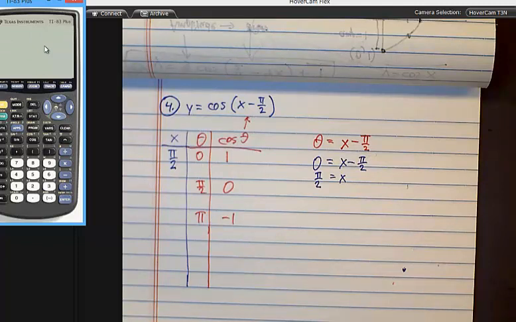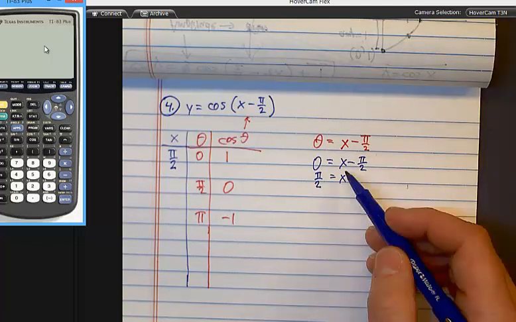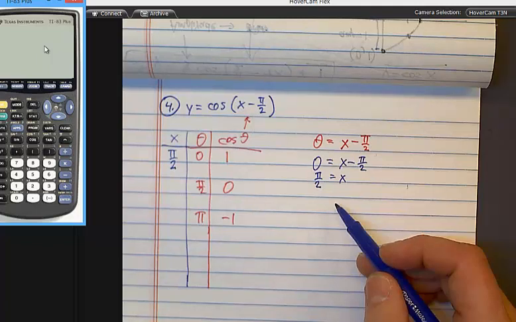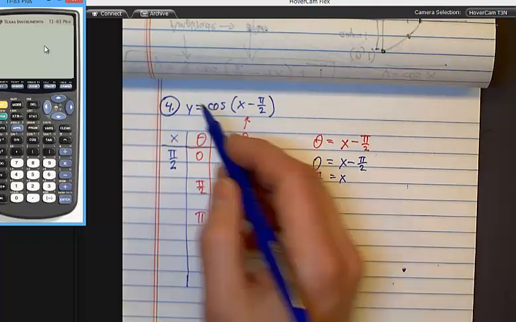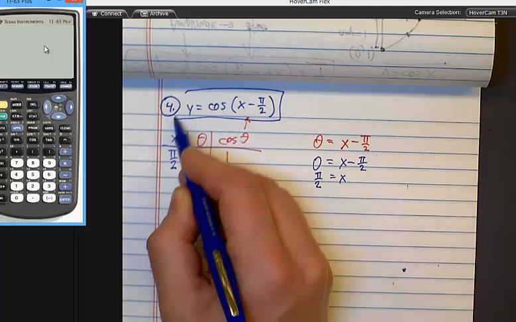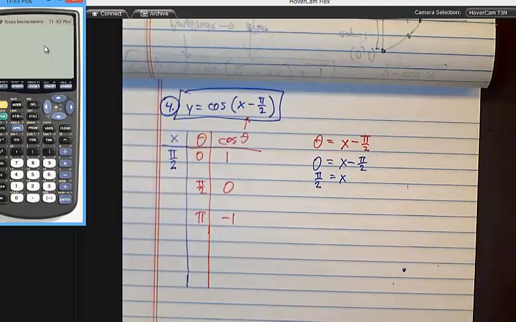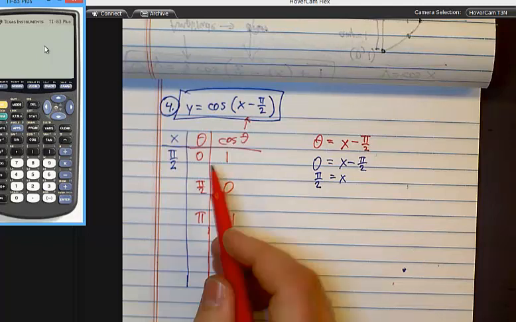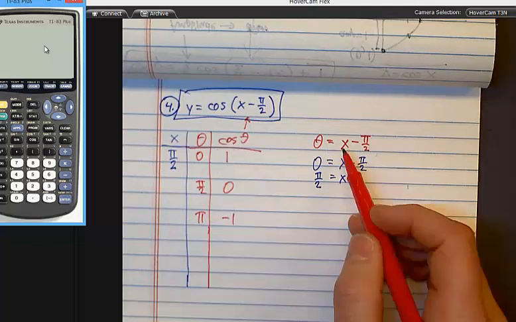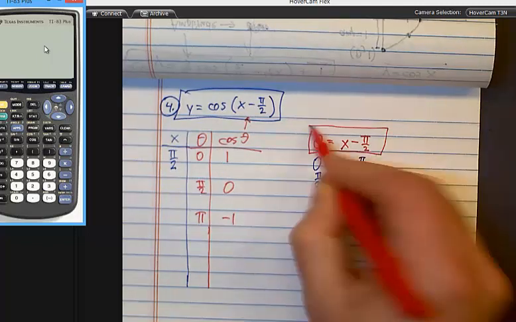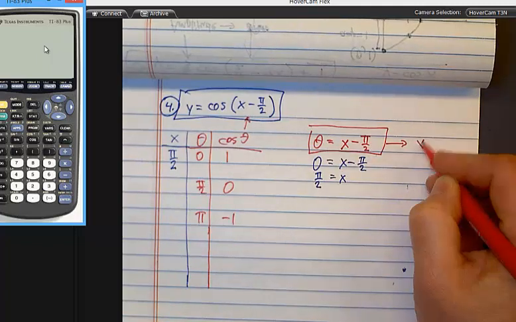Not yet. Let me see if I can explain it differently. If I say I'm trying to graph y equals the cosine of x minus pi over 2, I know what cosine of x looks like, right? So I know how to graph cosine of theta. Well, because the theta is x minus pi over 2, you could say that the x's are theta plus pi over 2.